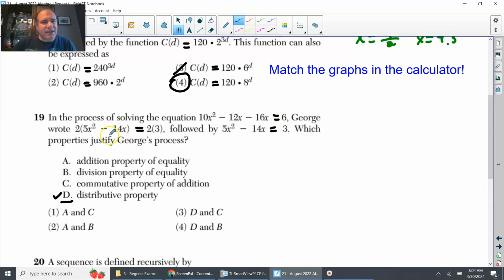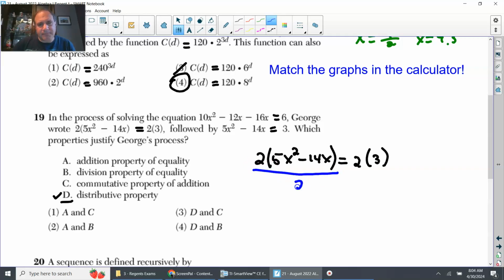Once he factors out the 2, now think about it. He has 2 times 5x squared minus 14x equals 2 times 3. The way that you would get rid of the 2's is to divide, right? So that's division property.